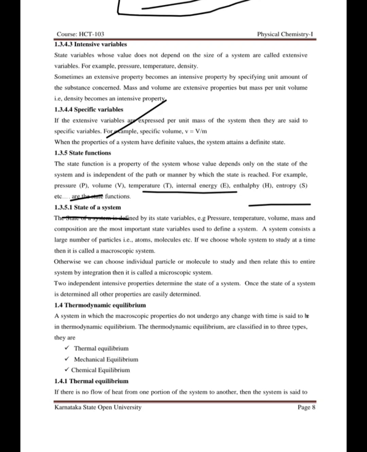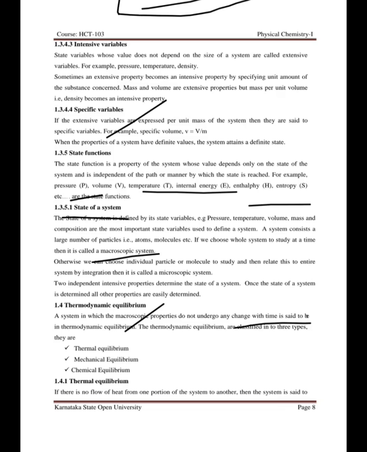Further, a system consists of a large number of particles such as atoms, molecules, etc. If the whole system is studied at a time, then it is called a macroscopic system. So we are going to study a system with respect to pressure, temperature, volume, along with the reaction of atoms and molecules in the system. Coming to the next, thermodynamic equilibrium is a system in which macroscopic properties do not undergo any changes with time.